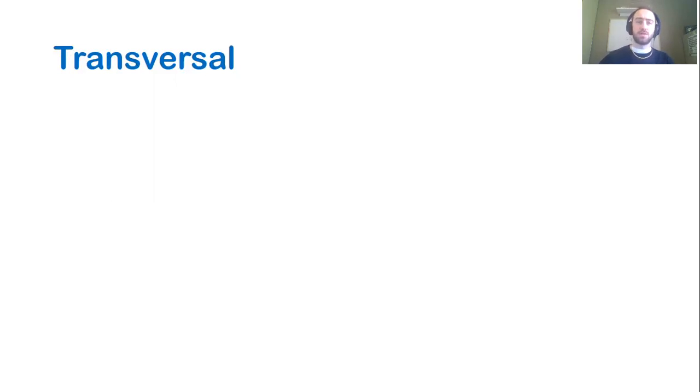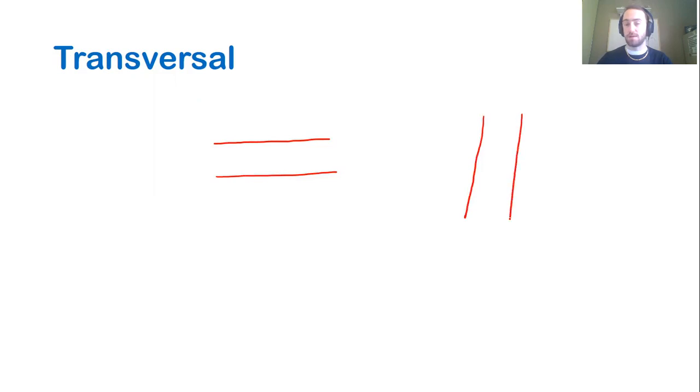So what is a transversal? Well, to understand what a transversal is, we first need to know what parallel lines are, right? Parallel lines are just straight lines that never intersect. So these are parallel lines. They can go on forever and they never intersect.